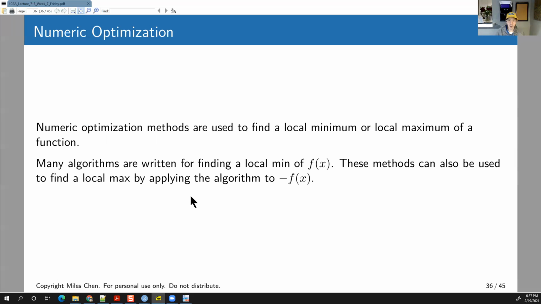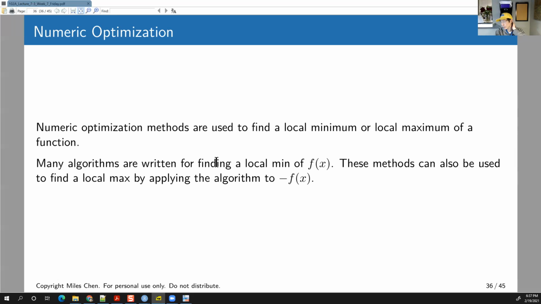You can take an entire course on optimization and different kinds of methods, and it's all about finding local mins and local maxes. We're just going to take a very, very, very shallow introduction right now, and we'll look at a couple of methods.